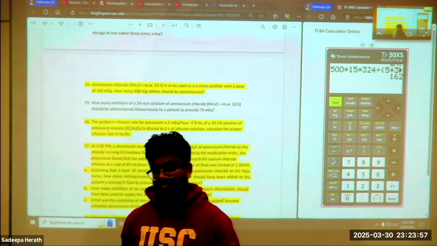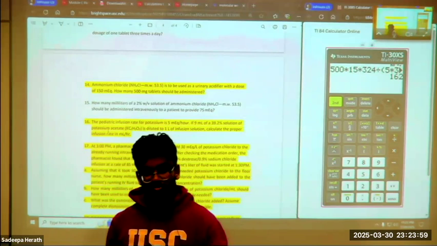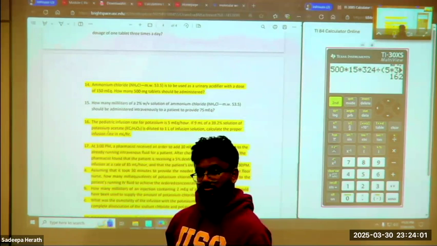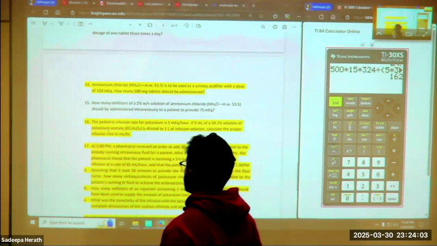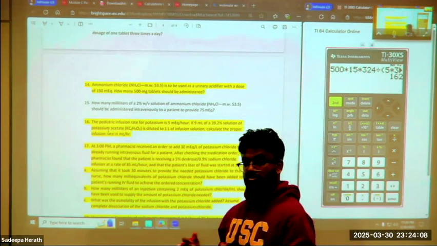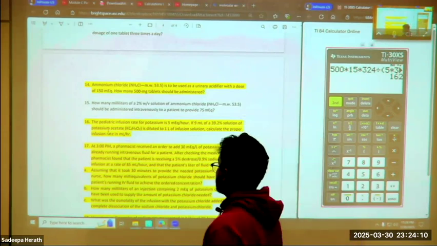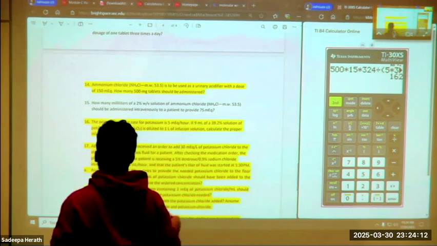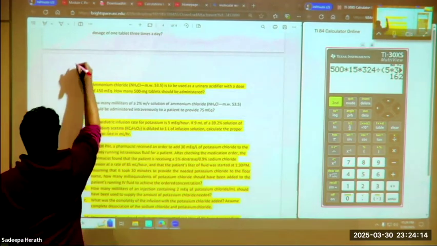So we need to get from MEQ to grams, right? And then based off of grams, we can divide them into tablets to just find out how many tablets there are. Very simple. We've dealt with problems like this before.